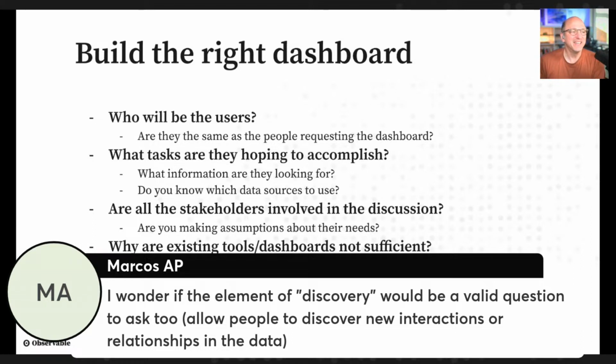This is great. So I wonder if the element of discovery would be a valid question to ask too, to allow people to discover new interactions or relationships in the data. Yeah, absolutely. This is always a matter of the question: are you presenting data more than doing analysis on the data, and do you know what you expect people to get out of the data?